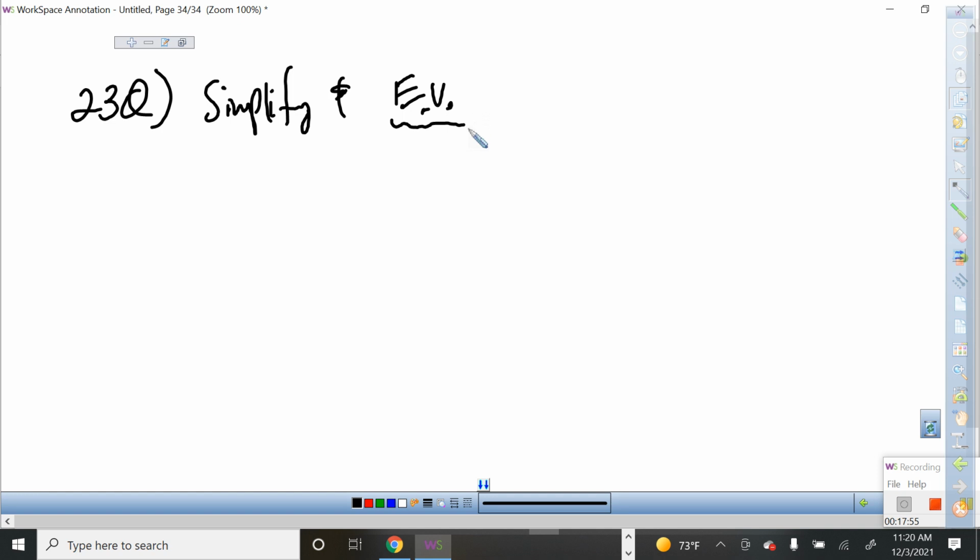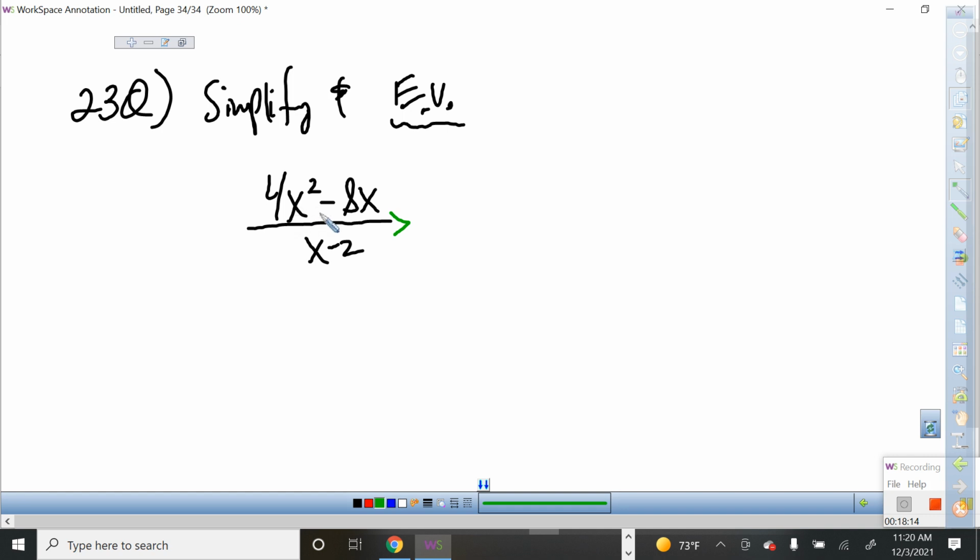Here we go. We got 4x squared minus 8x over x minus 2. All right, to simplify, we need to factor our numerator and denominator. So let's see, the numerator. Can we factor this more? Yes.